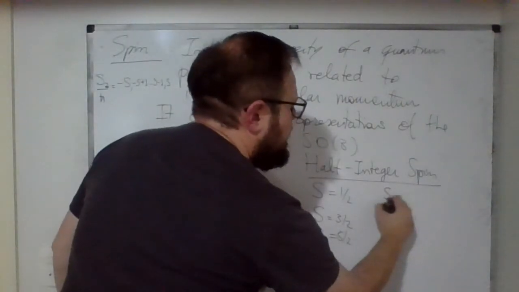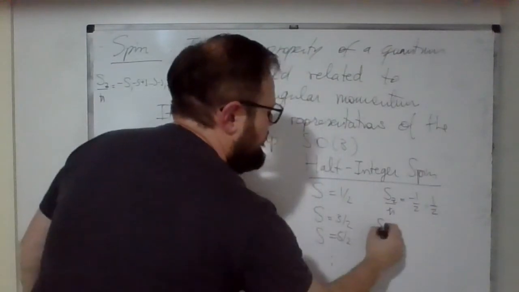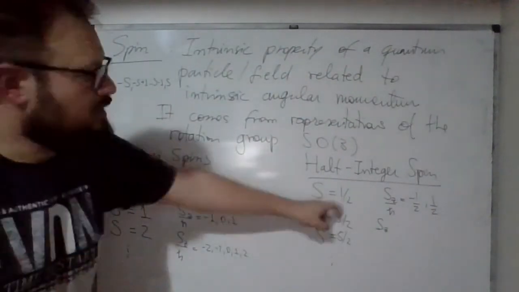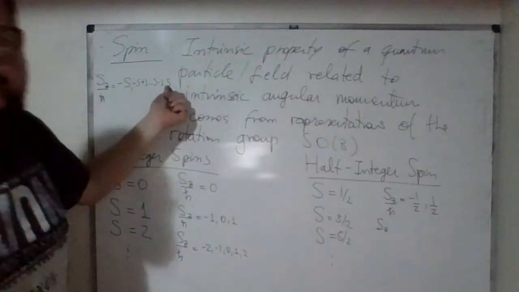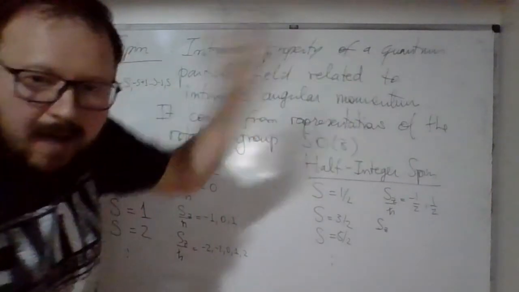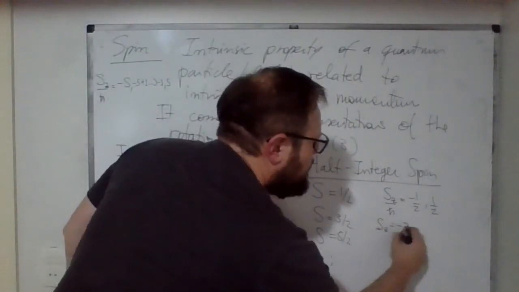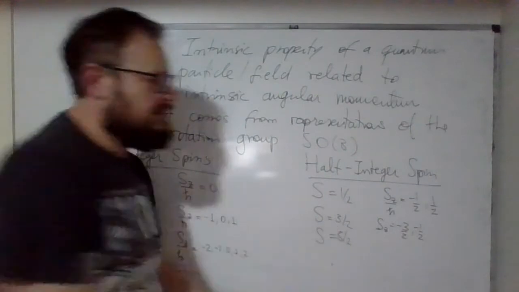In the case of half integer spins, for spin half, you will have minus 1/2 and plus 1/2. Because you start with minus s, then minus s plus 1, you arrive at the maximum possibility. So here you'll find minus 3/2, minus 1/2. You keep adding 1 till you get to this number here.